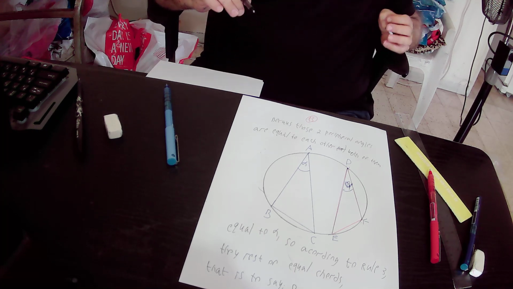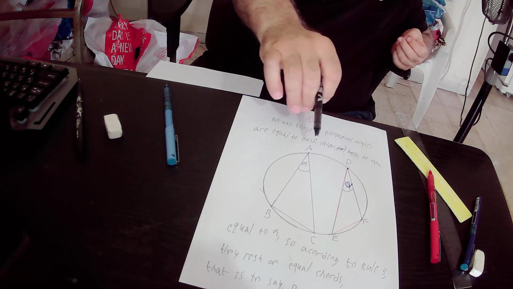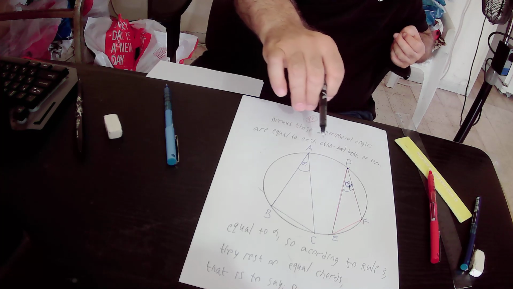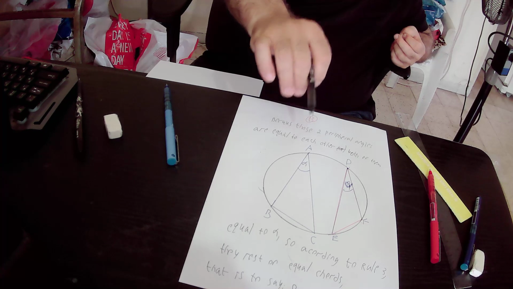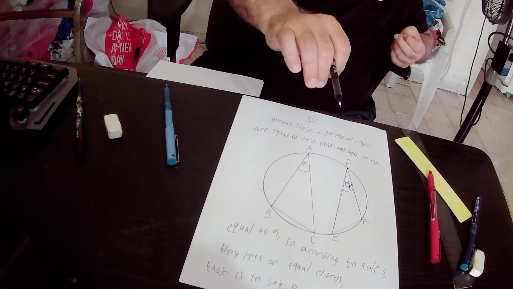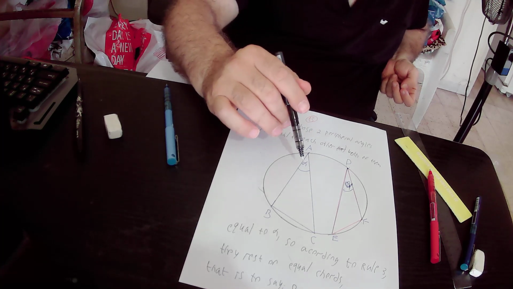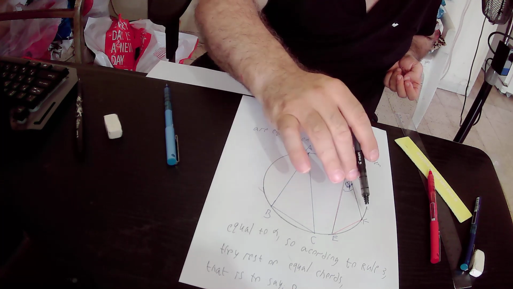Again, equal peripheral angles. Those two peripheral angles are equal to each other, both of them equal to alpha. So equal peripheral angles rest on equal chords. This angle alpha rests on chord BC and this angle alpha rests on chord EF.